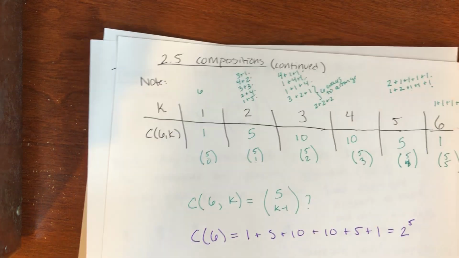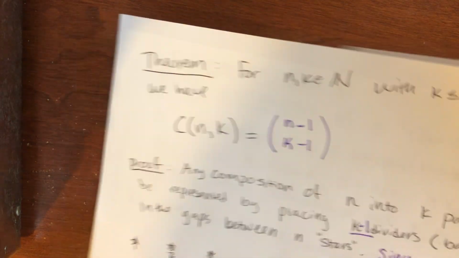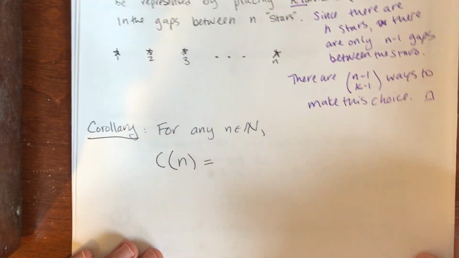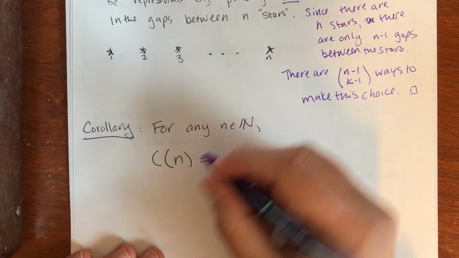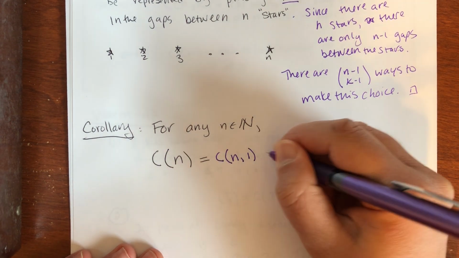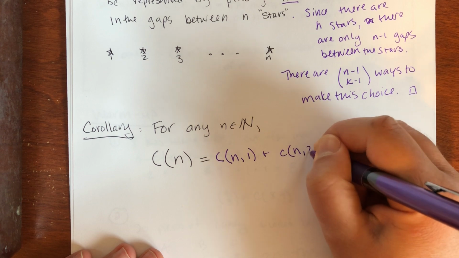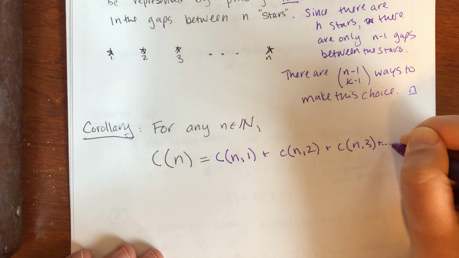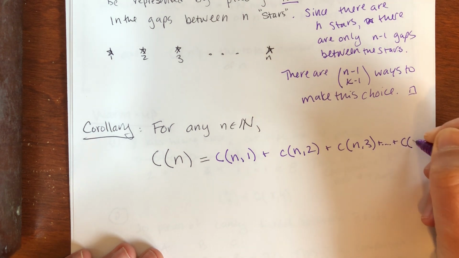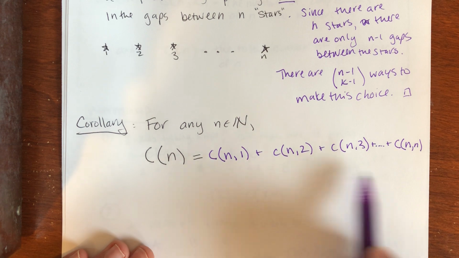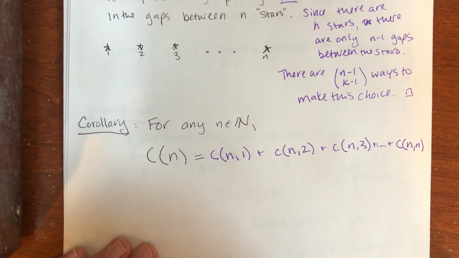That's going to be true in general because we know that the number of compositions of n has to be the compositions of n into 1 part, plus the compositions of n into 2 parts, plus the compositions of n into 3 parts, all the way up until the number of compositions of n into n parts. Right? Any composition is going to have between 1 and n parts to it.